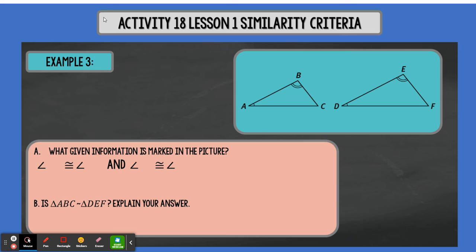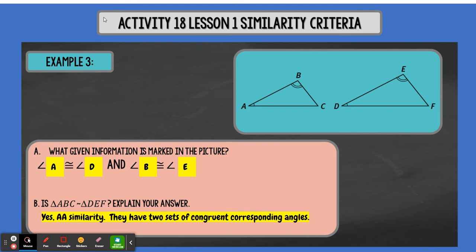Now, example 3. I don't have any measurements. However, I do have arcs. So angle A is the same as angle D. Angle B is the same as E. So do I have enough information to prove similarity?